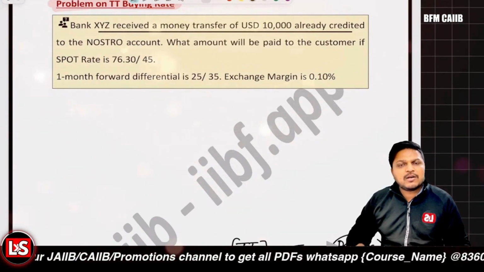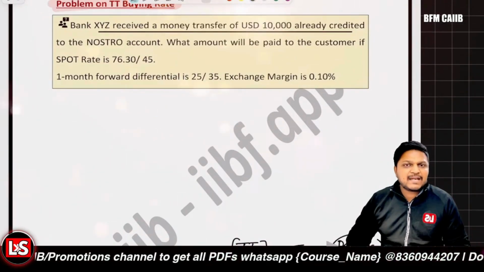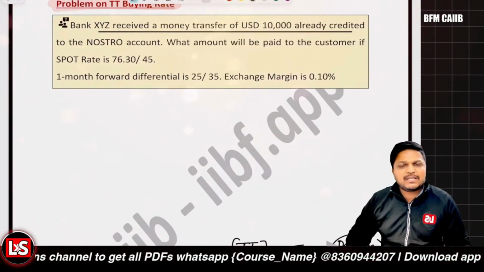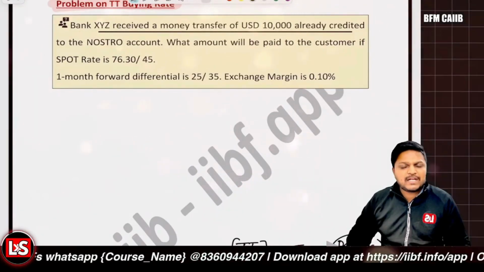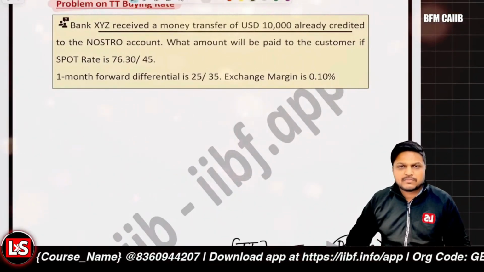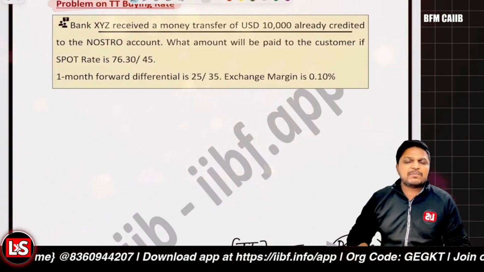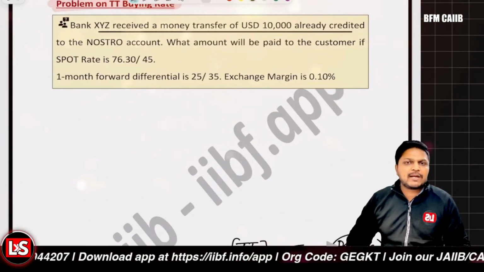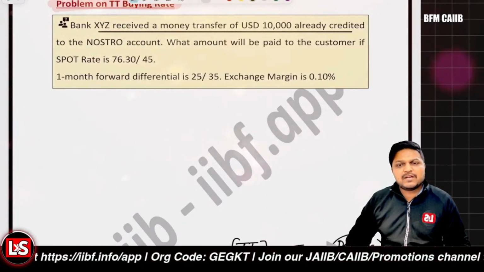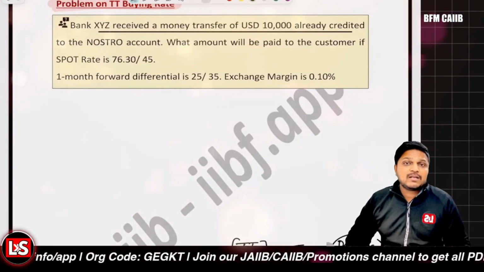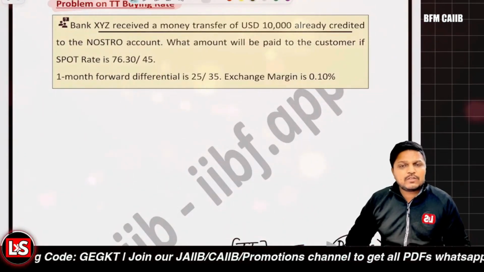The transaction has already happened and the bank has received 10,000 USD already. Now the bank is just to calculate the amount and credit the customer accordingly. That's it. Now, would there be any gap or lag between the debit and credit? No. Debit and credit can be there on the same day.